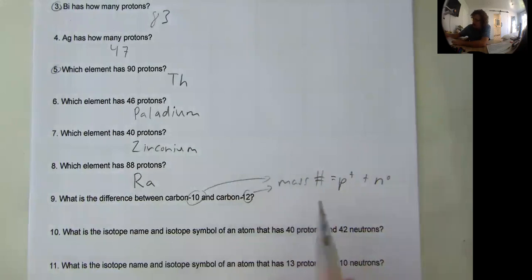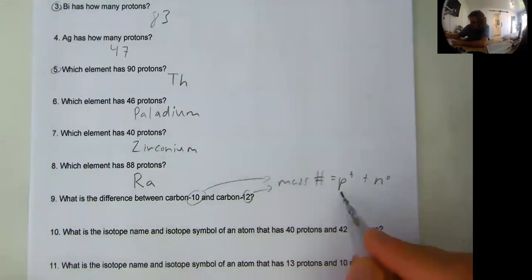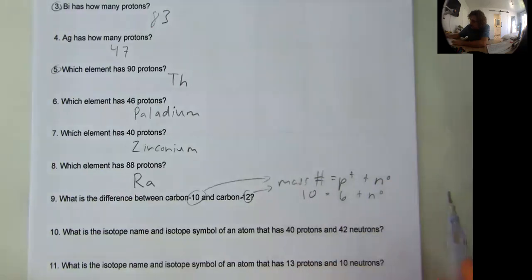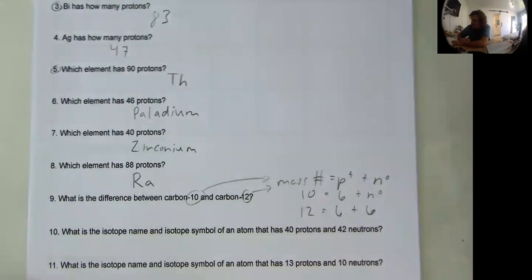So since we know each carbon has 6 protons, that must mean there's a difference in the number of neutrons, because carbon-10 must have 4 neutrons, and carbon with a mass number of 12 must have 6 neutrons. Okay, do we see how that works?